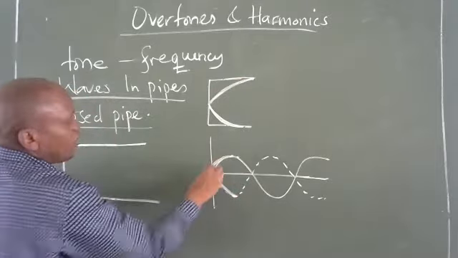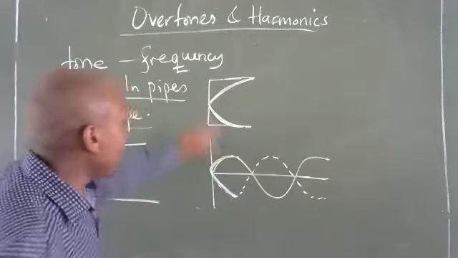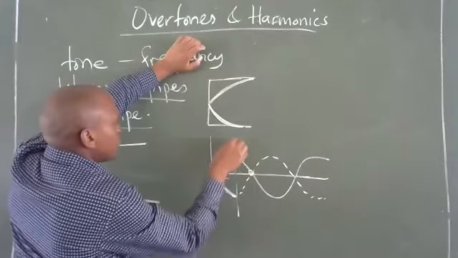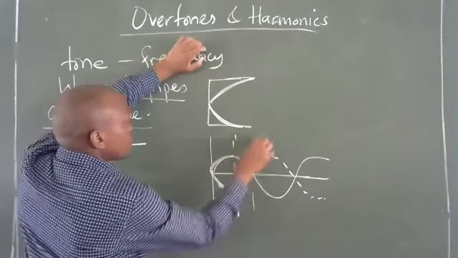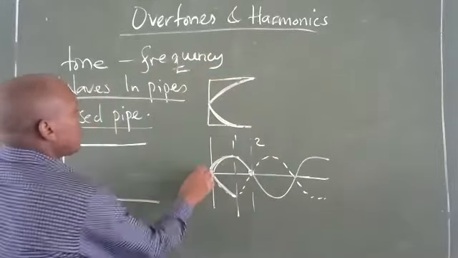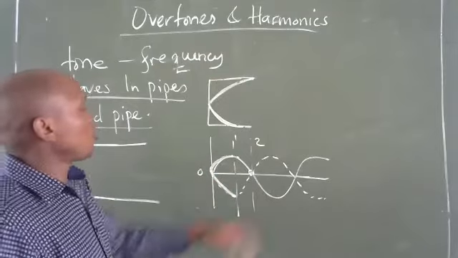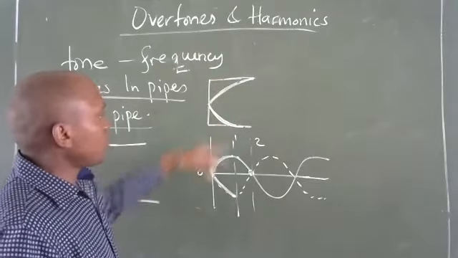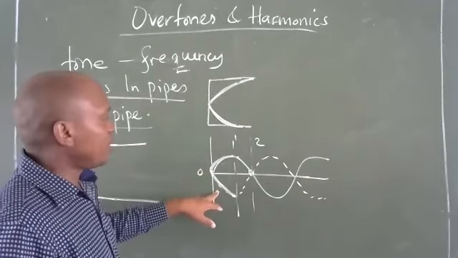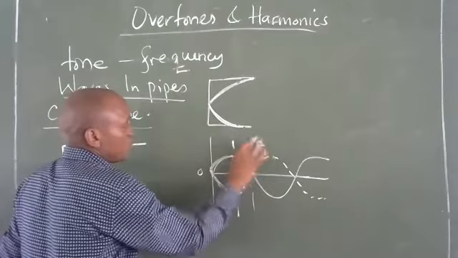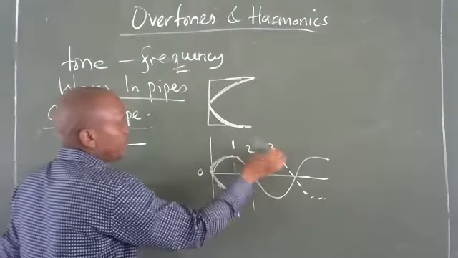Now, for you who have understood this diagram, let me draw for you. This is portion 1, this is 2. What does this represent in this diagram? Is it from 0 to 1 or 0 to 2? When I compare this diagram, this is my 1, this is my 2, this is my 3.